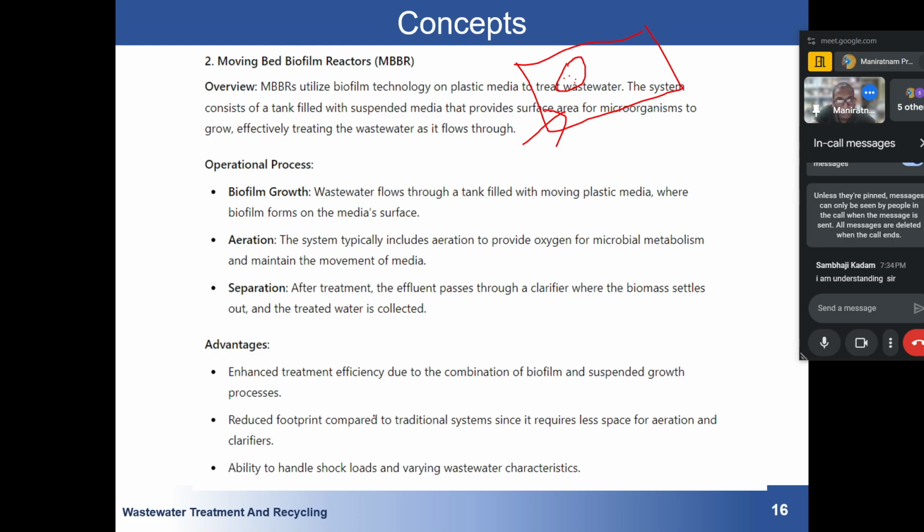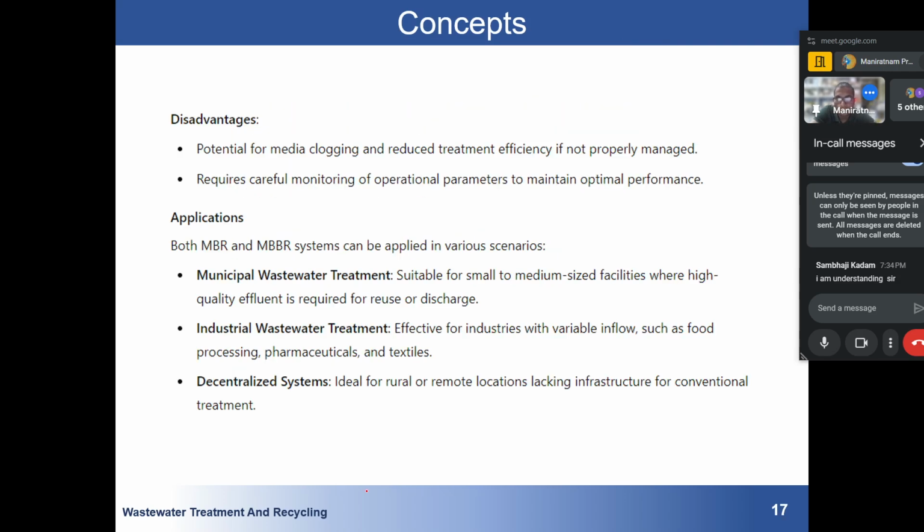Again, same as MBR, MBBR is decreasing the space. Ability to handle shock loads. Again, I have discussed the shock loads. Then we have the disadvantages: potential for media clogging, and again it is costly.